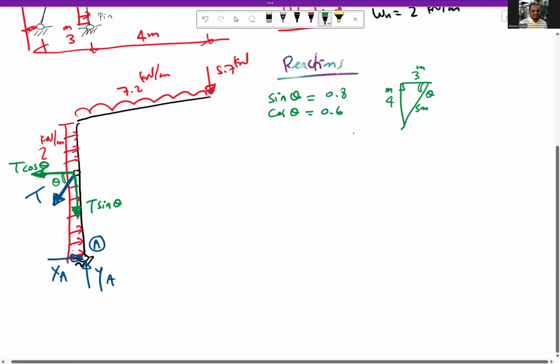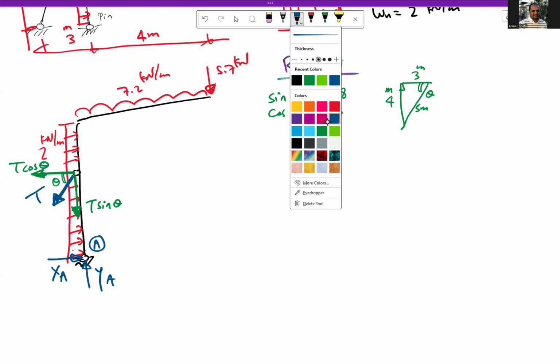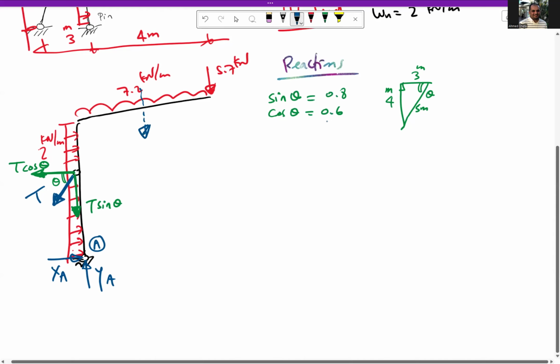Okay, so this is the first step. Second step is you need to also concentrate the uniform load here. So it is 7.2 times 4, so it is 28.8 kilonewton acting in the middle here. So 2 meter, 2 meter.